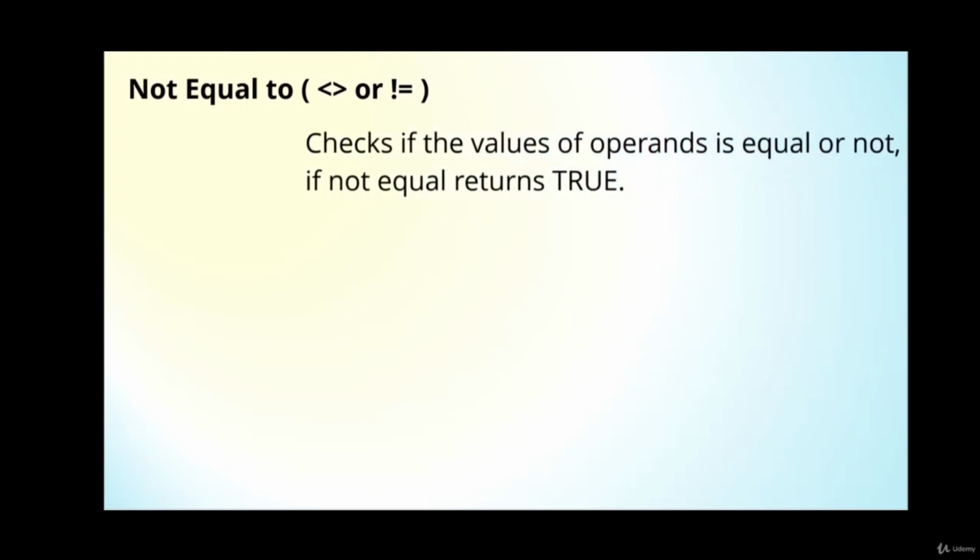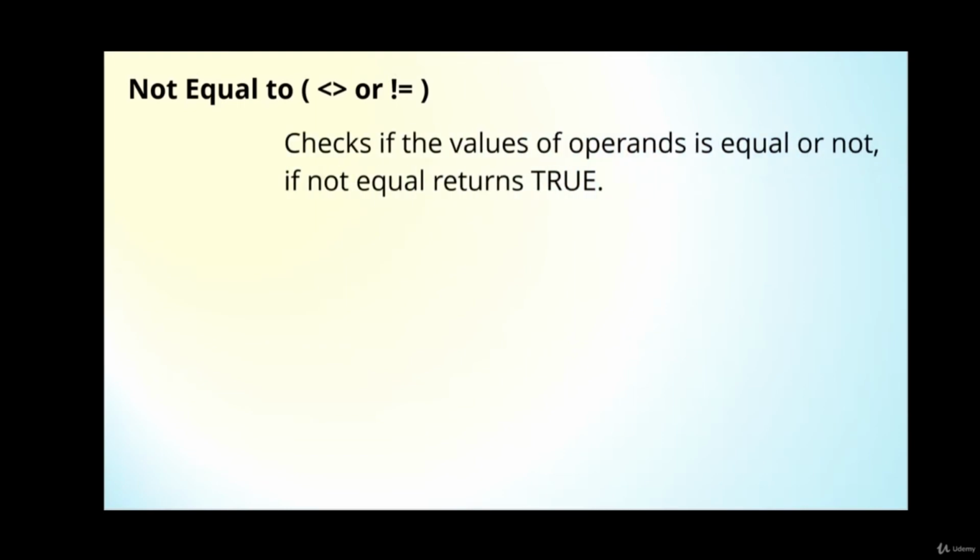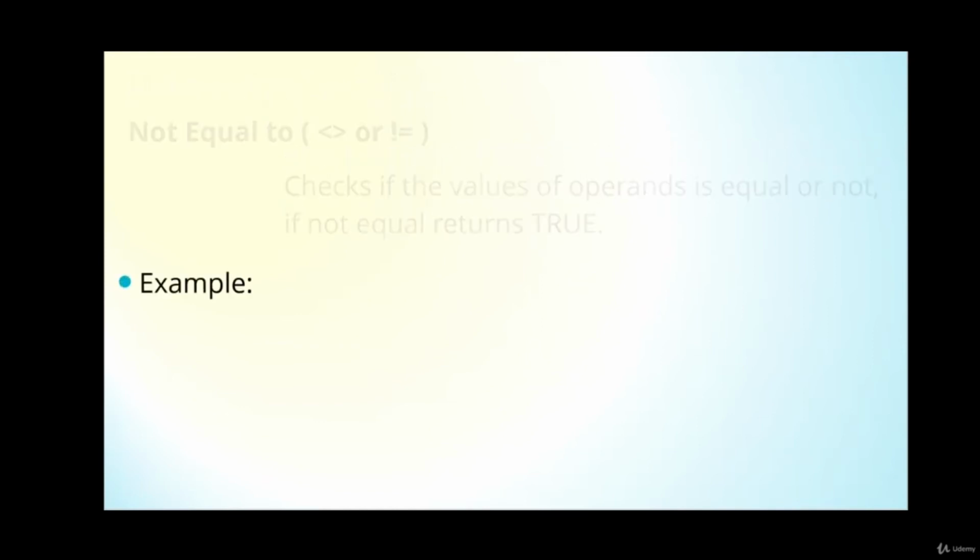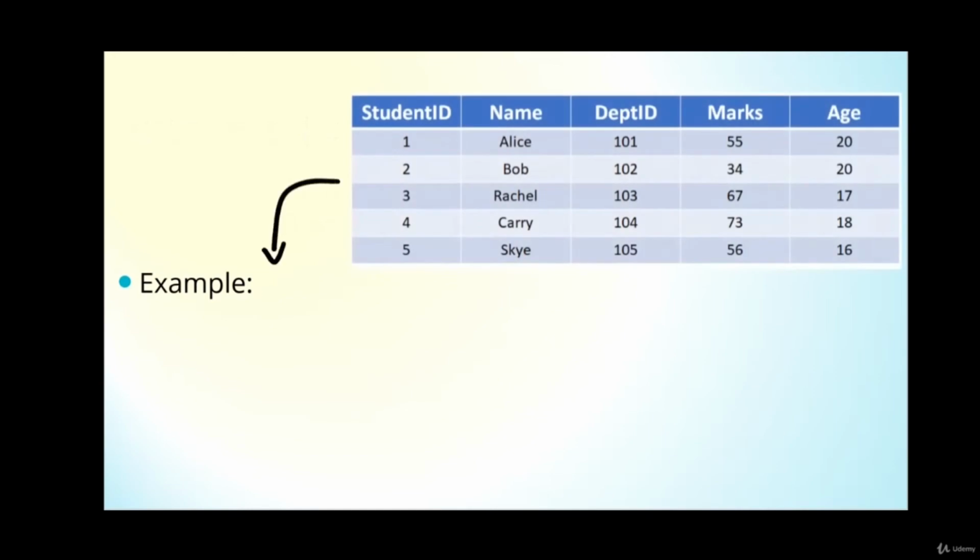Next operator is the not equal to operator. What the not equal to operator does is it checks if the values of the operands are equal or not. If they're not equal, then it returns true. So for example, from this table, we want to find the details of those students who have age not equal to 18.